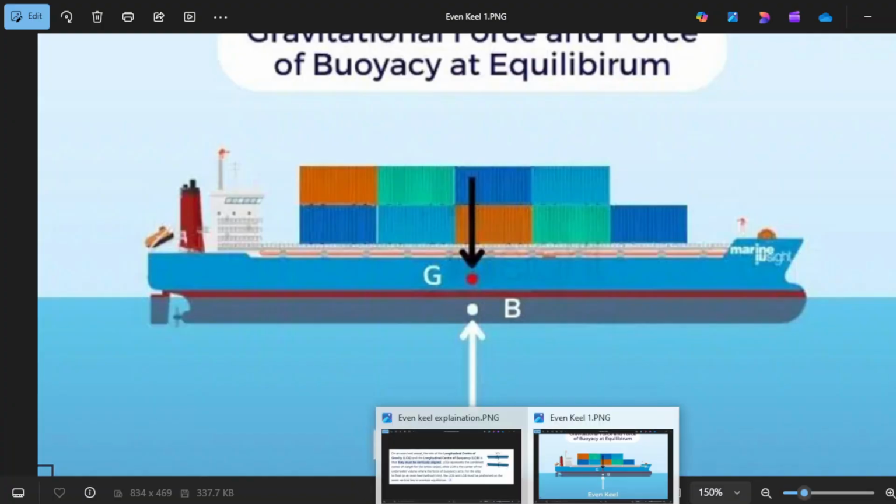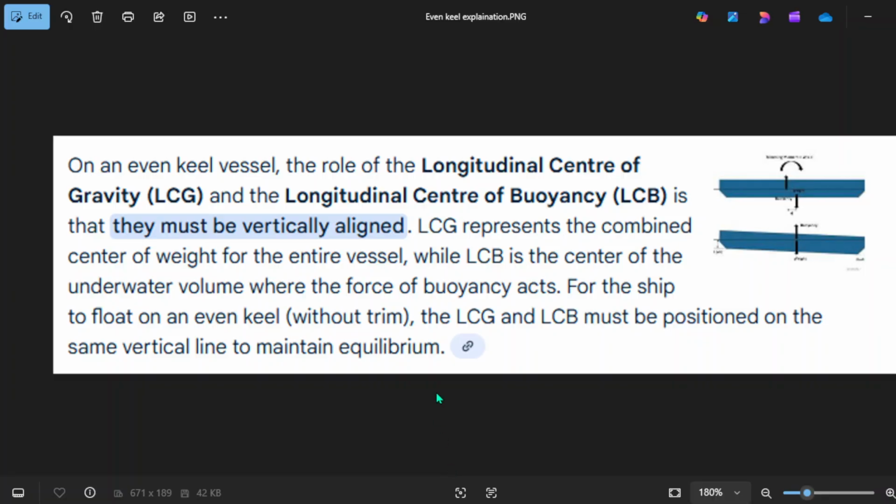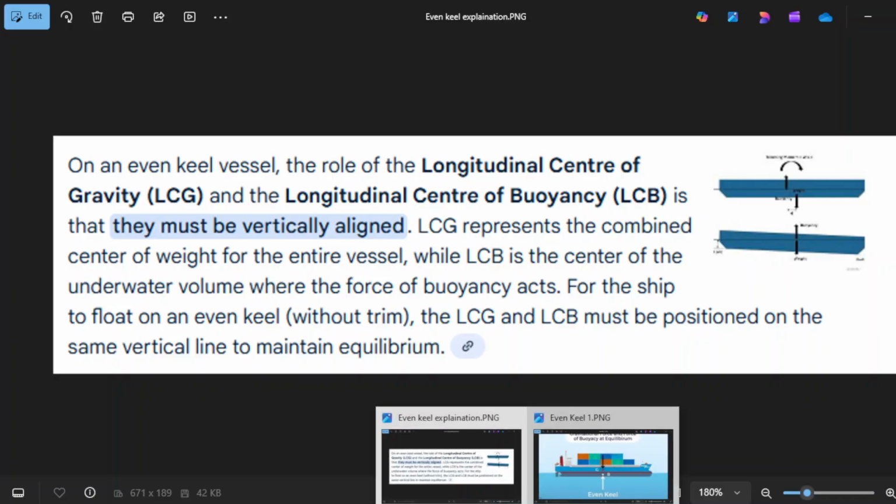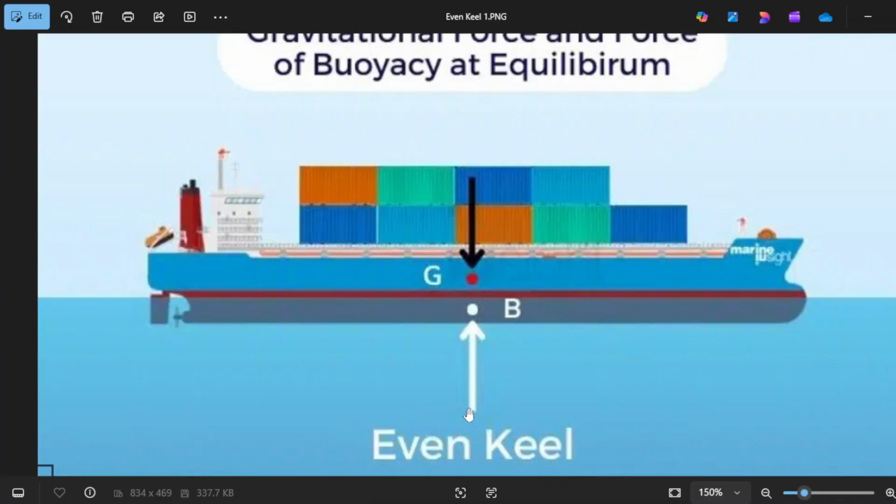Okay, and LCB is the center of the underwater volume where the force of buoyancy acts for the ship to float on even keel without trim, and the LCG and LCB must be positioned on the same vertical line to maintain equilibrium. So this is what it means, they must be in the same position in the vertical line.